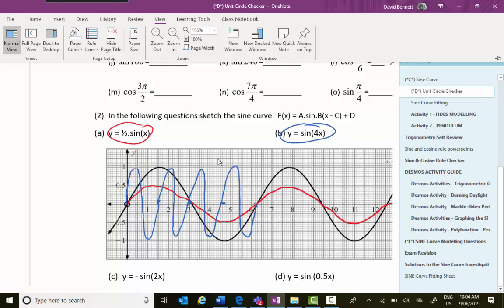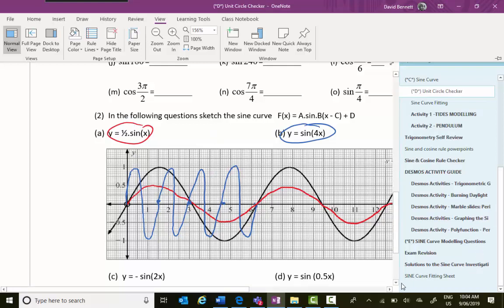This next one, 4 sine x, means that I should draw 4 waves for every one normal wave. So I think about that: I have to draw 2 waves for that position there, and then another 2 waves there, and it's got the same height.